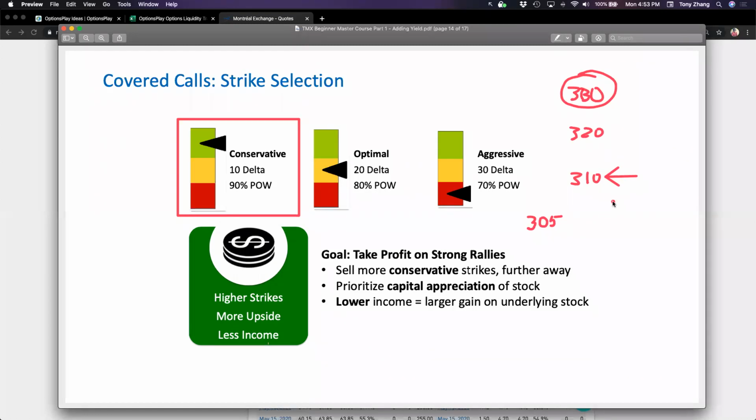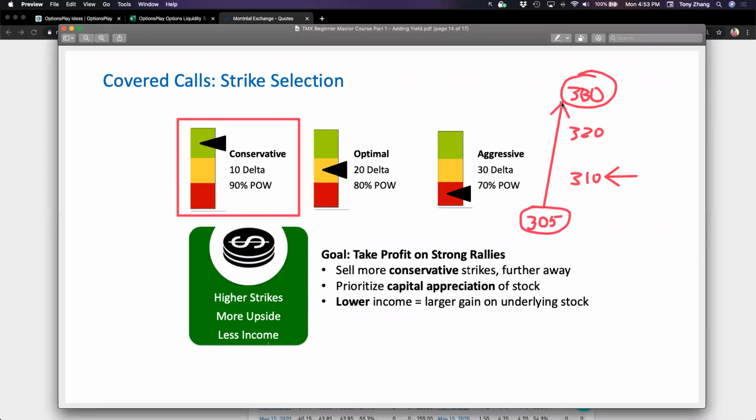This is why, in the first slide when I talked about covered calls, I said don't think of covered calls as an income generating strategy. If you think about it that way, you forget the fact that you are taking on $305 a share of risk just to make some income. No, you're taking on $305 worth of risk because you think the stock is going to move higher.